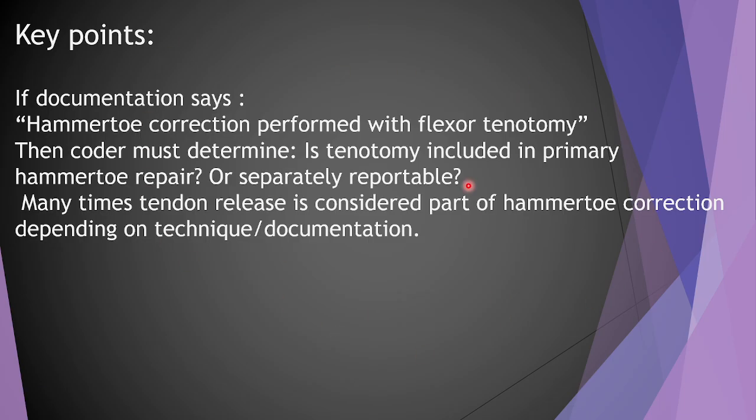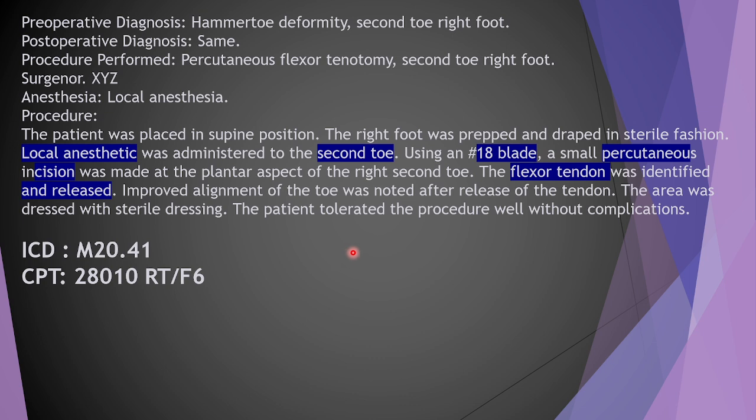So we'll see one op report for the tenotomy topic. Here the preoperative diagnosis is hammertoe deformity, second toe, right foot. Postoperative diagnosis same. Procedure performed: percutaneous flexor tenotomy, second toe, right foot.